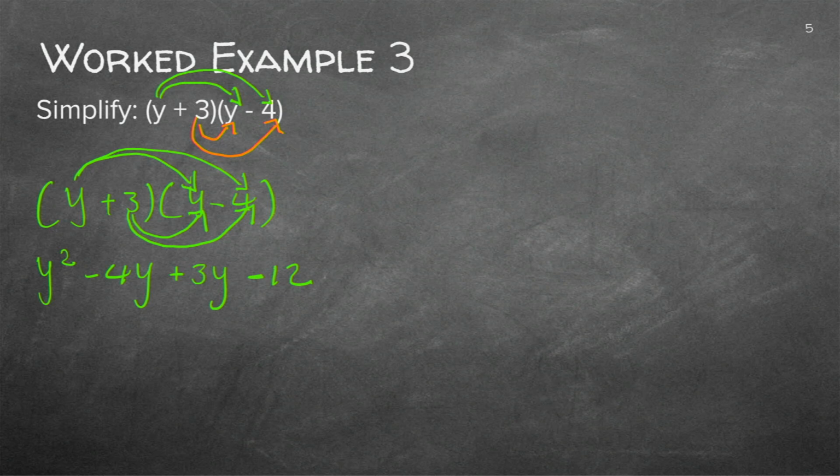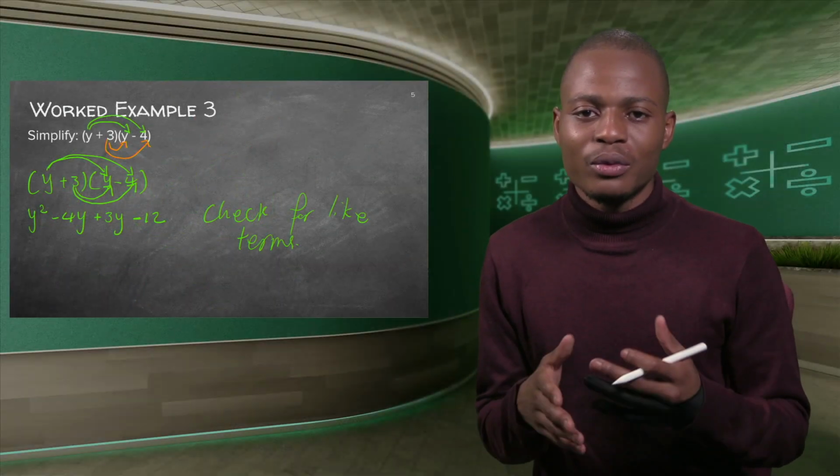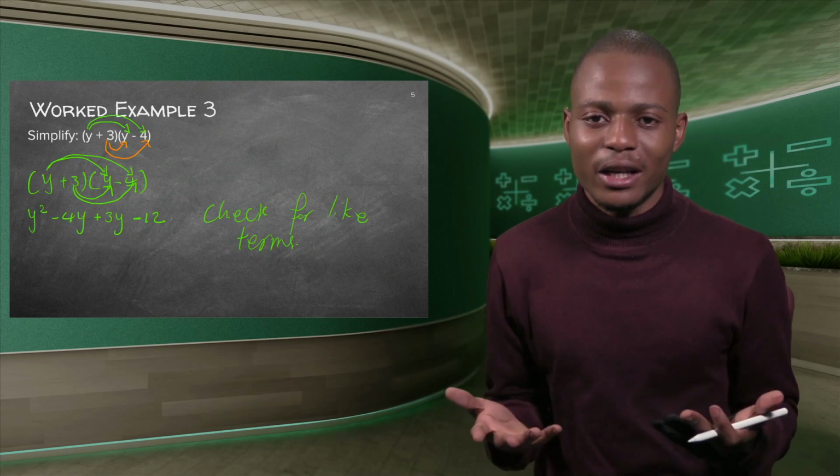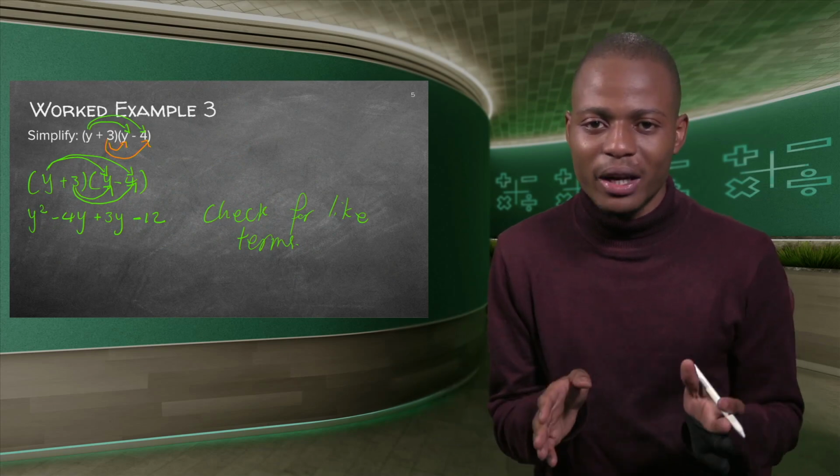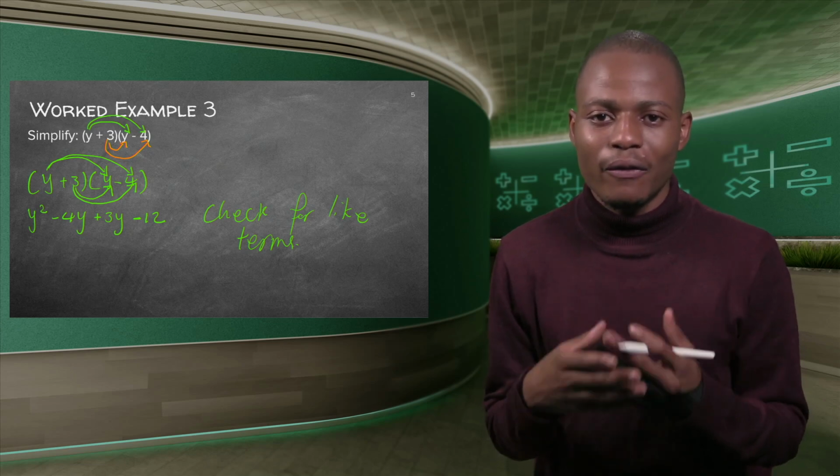So once you have -12 like that, it means you check for like terms. Check for like terms. Okay, that is why it says simplify. So it means put it in the simplest form, because if you leave it with like terms still there, it means you haven't simplified it. Okay, so simplifying means just put it in the easiest form ever.